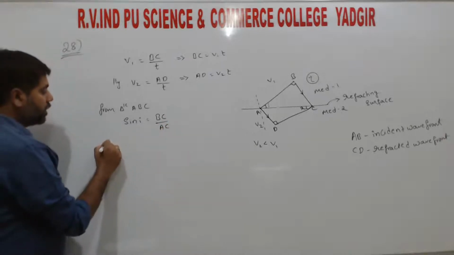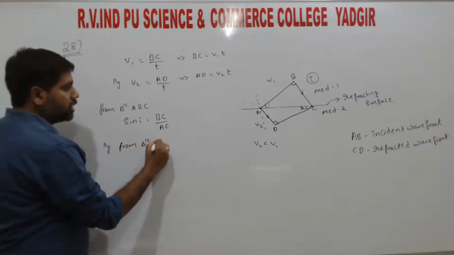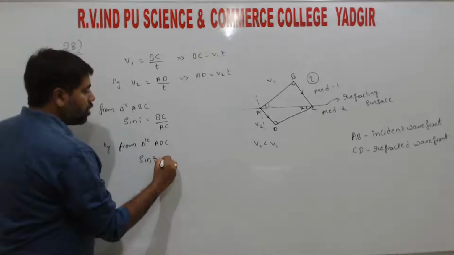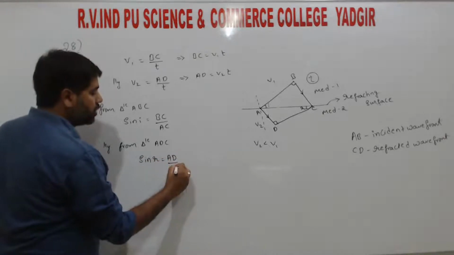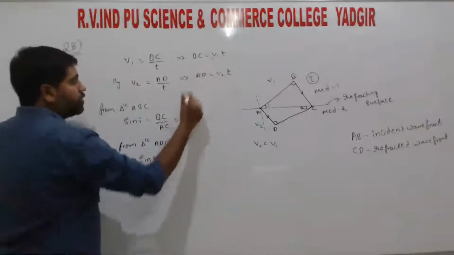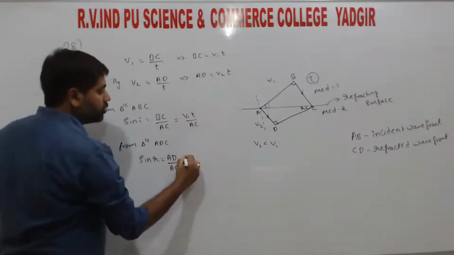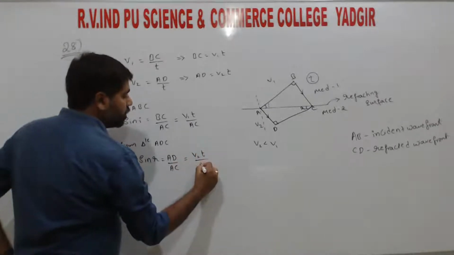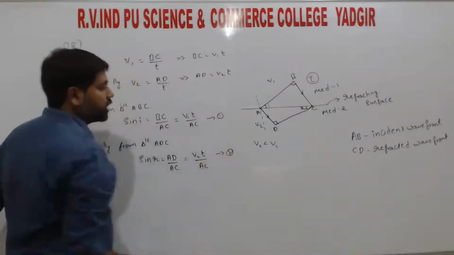Similarly from triangle ABC, sin R is equal to AD divided by AC. So sin I is v1t divided by AC, and sin R is v2t divided by AC. Take this as the first equation and that as the second equation, right?